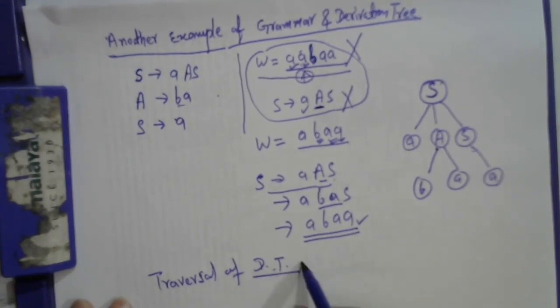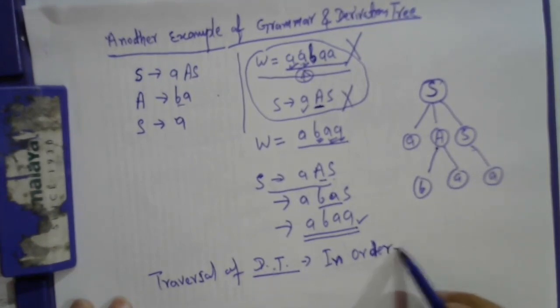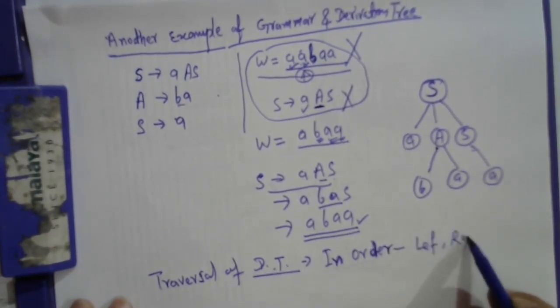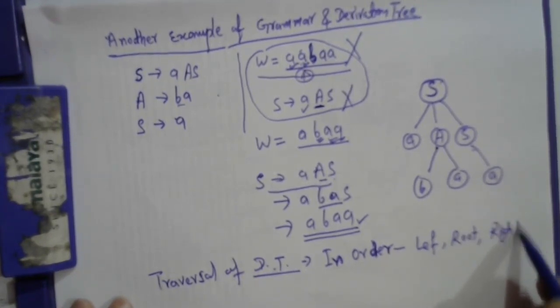We are using the in order method, in which we use left, root, right. That is the formula of the in order method: left, root, right.